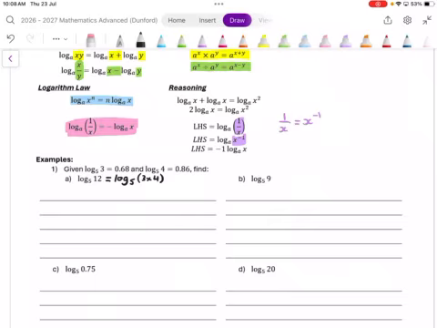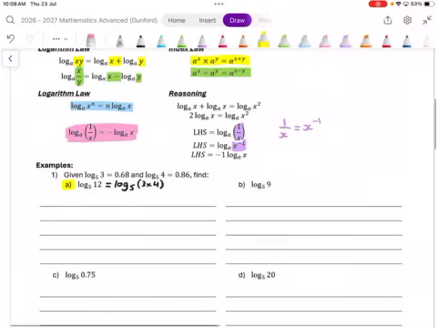So we're going to be using that yellow law, the multiplication law. And that law states that we have log base A of xy equals log base A of x plus log base A of y. That is the law that we are going to be using.